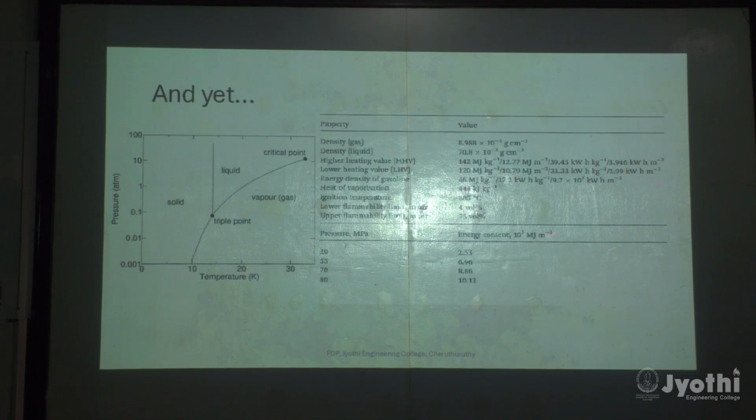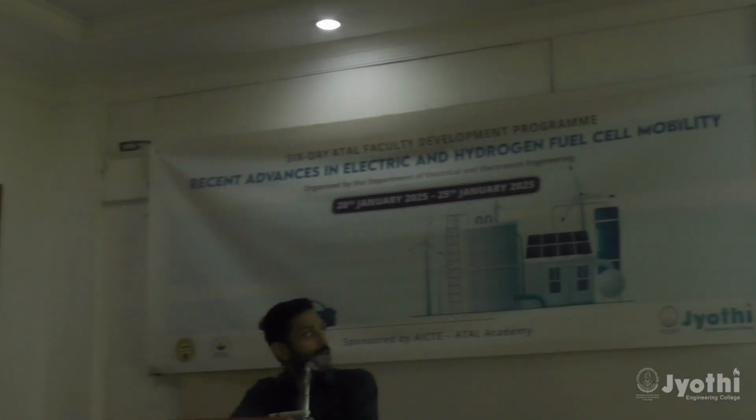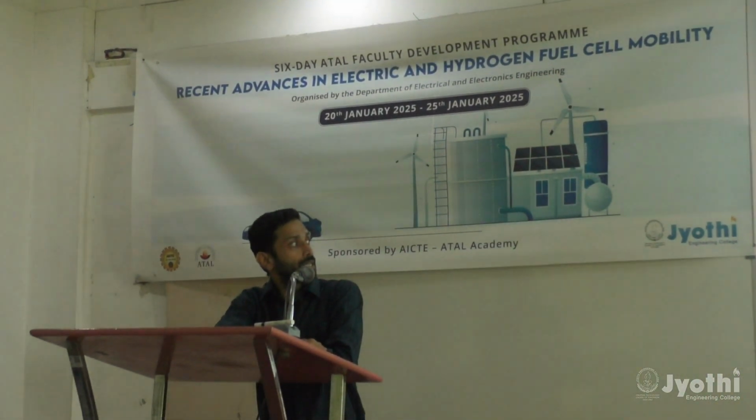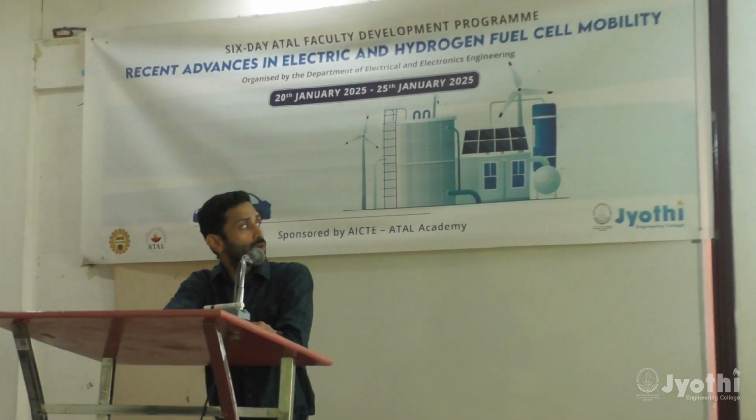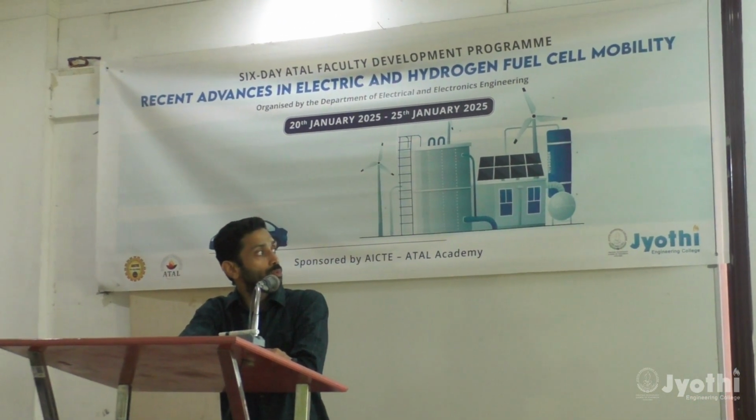So this is the volumetric energy density. It does increase, but the pressures that we are looking at are 200, 550, 700 and 800 bar, and correspondingly the energy density increases from 2.53 to 10.12 into 10 power 3 megajoule per meter cube.